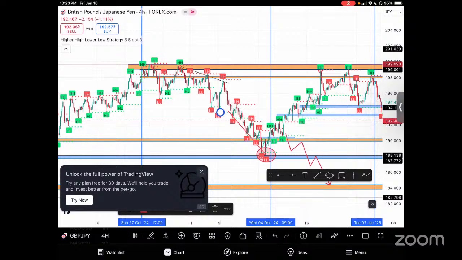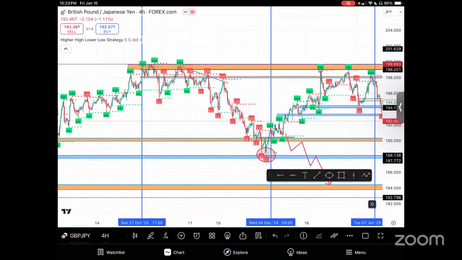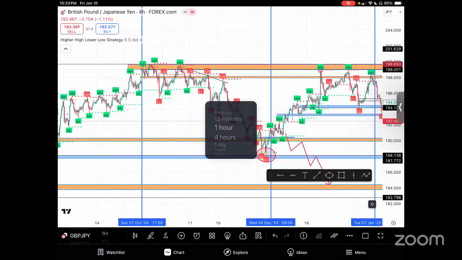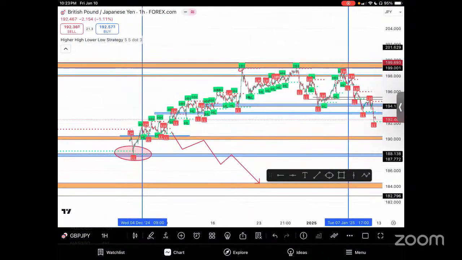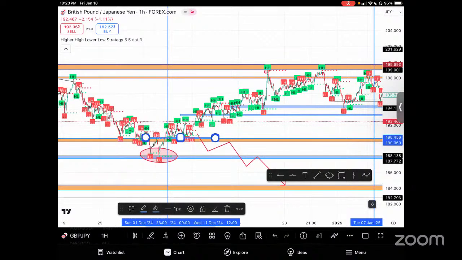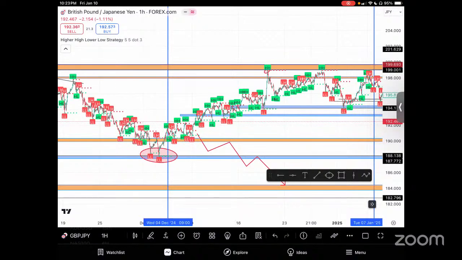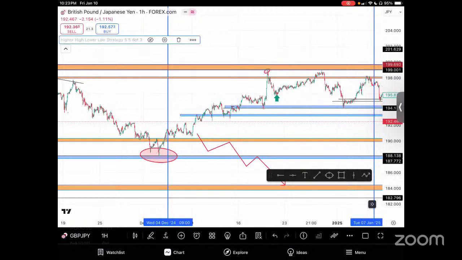What is the difference in the 4 hour and the 1 hour? The number of candles. There you go. So here's the question. When am I looking to enter my trades? Are you on the hour time frame or the 4 hour time frame?